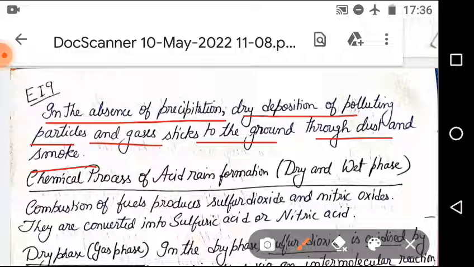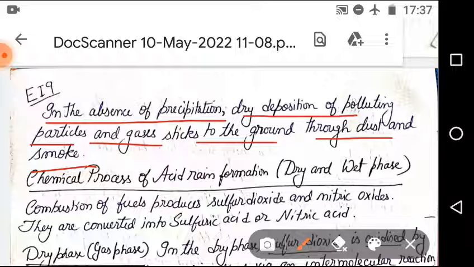In those places where precipitation does not occur, the dry acidic matter that forms in the atmosphere combines into larger substances and becomes heavy due to the increase in molecular weight, so it settles to the ground. Here it says it sticks to the ground, but it is not like that.